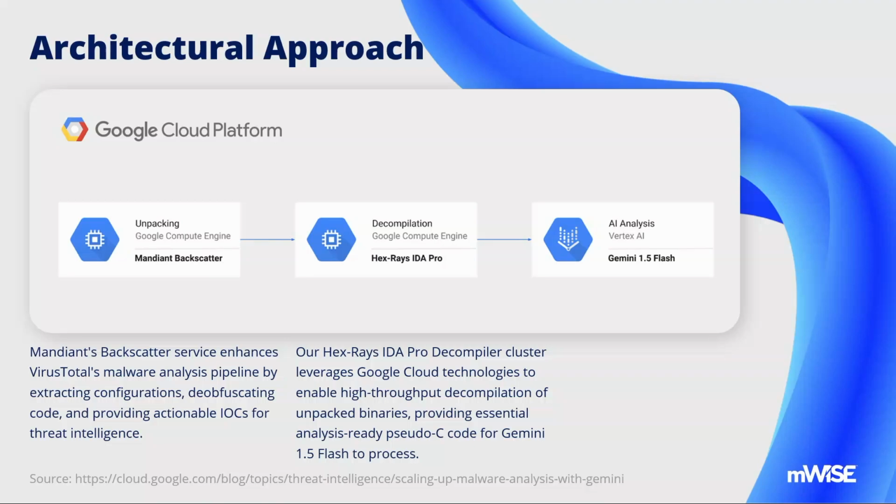And here is what we tried. So there are 3 components. Basically, the first one is unpacking the malware, because malware could be obfuscated, could be using some packer, could be encrypted. And we have backscatter, which is an internal tool.